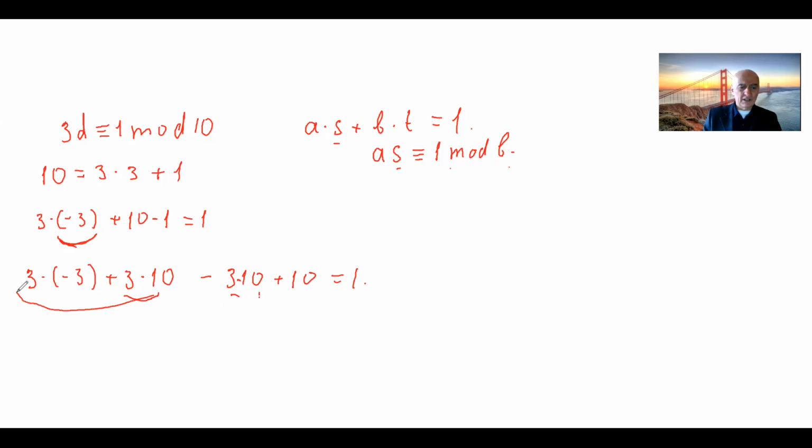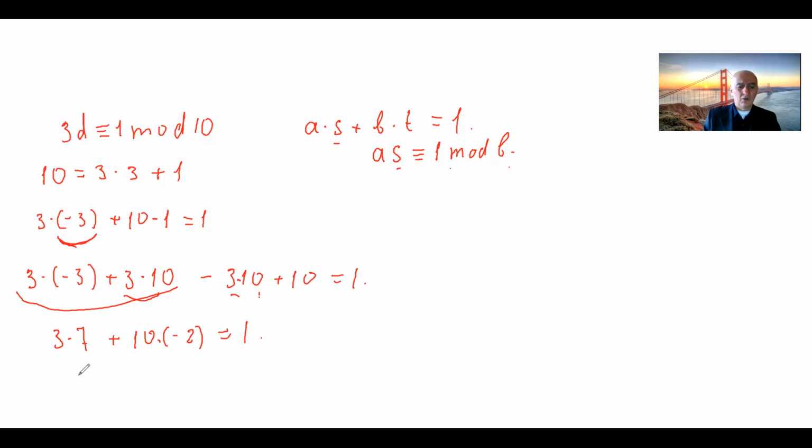Now, from these two expressions, we can factor out 3, and we can write down that 3 times 7 plus 10 times minus 2 equals 1.